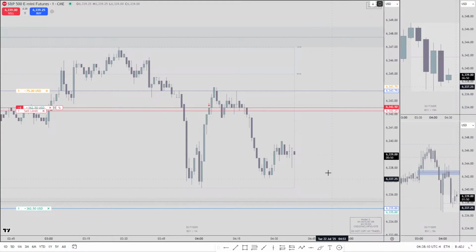Okay, we have two swing highs right now on a 1 minute. This one and this one. So let's see if we can do like a stop hunt and then lower, but respecting this range, of course.